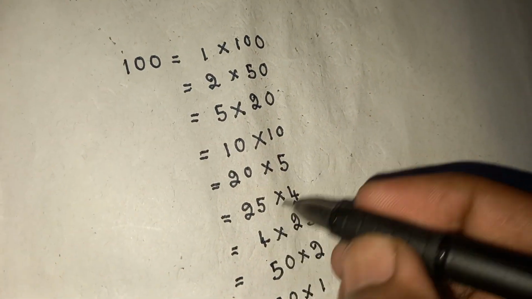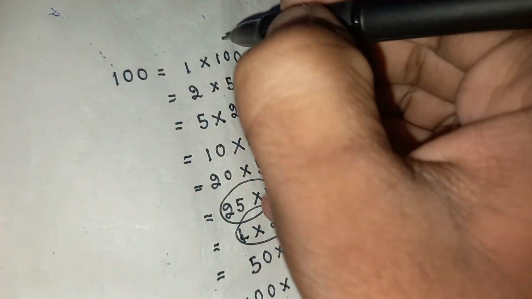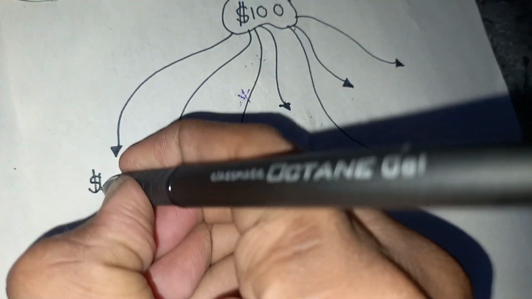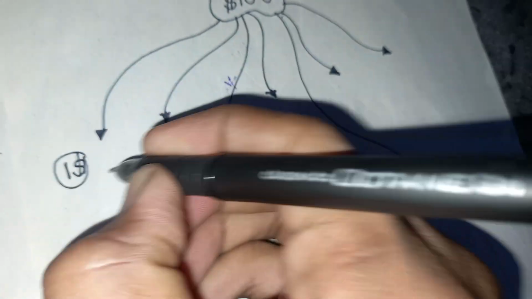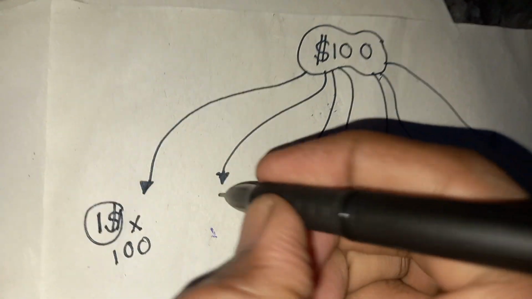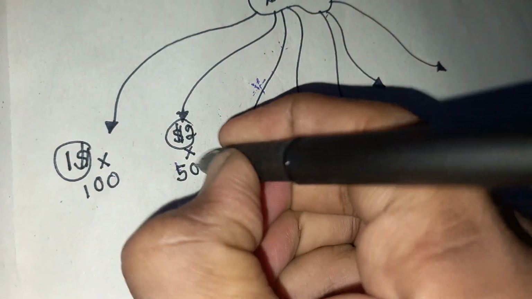We don't have $25 bills, so we take out these two and write all of them in those ways of making $100. To make $100, you can take 100 $1 bills, or you can take 50 $2 bills, which also makes 100.